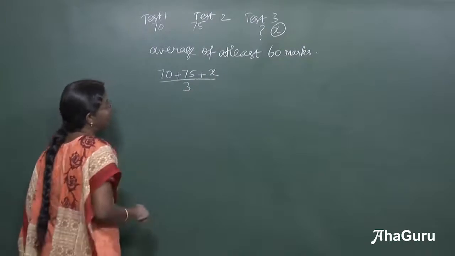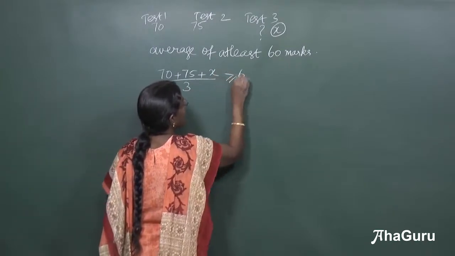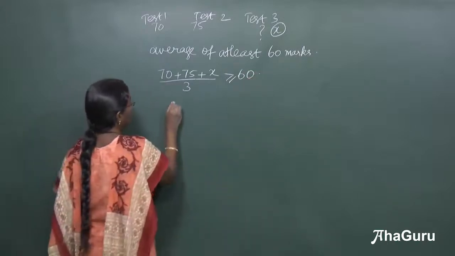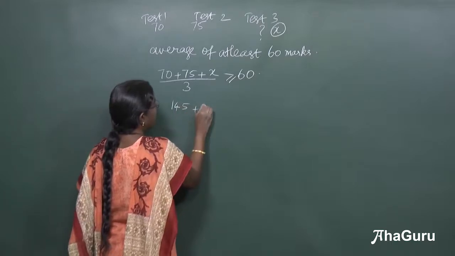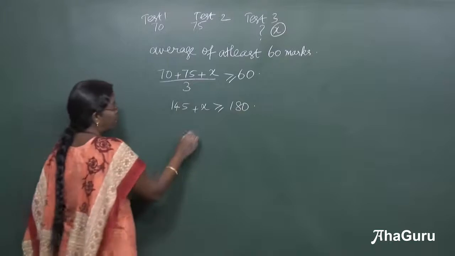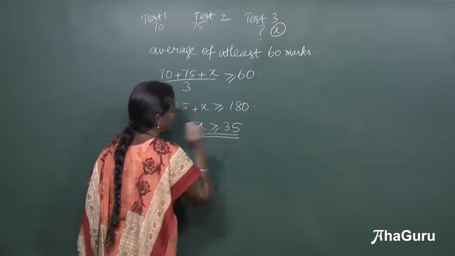This is going to be the average. It should be at least 60, so this should be greater than or equal to 60. So what do we get here? 145 plus x is greater than or equal to 180, or x should be greater than or equal to 35.